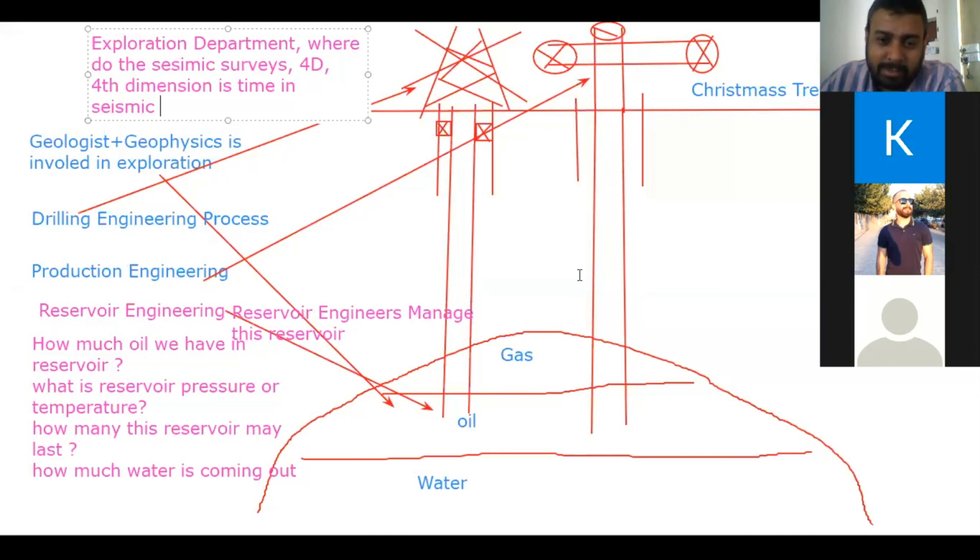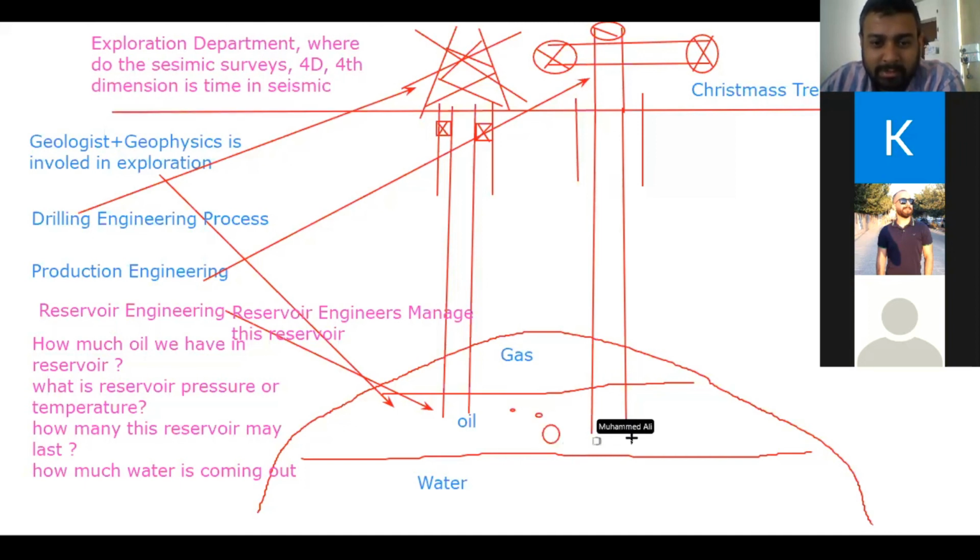Sometimes what is happening in this oil zone, we have small sand particles traveling inside this. These sand particles are not ordinary. They're under very high pressure, let's say 2000 psi. So it can cut anything, steel, iron, it will damage everything.